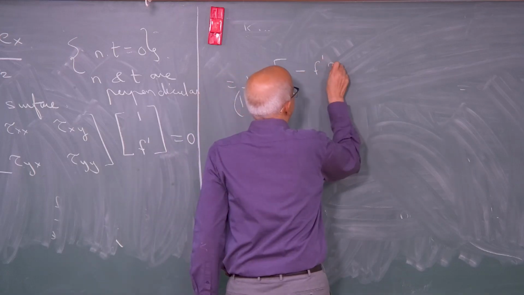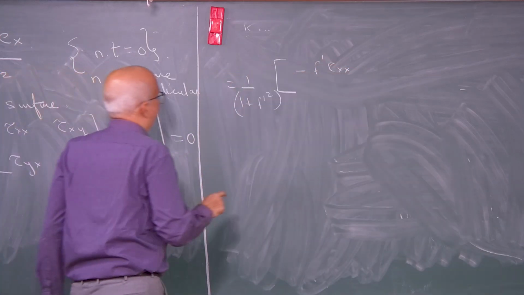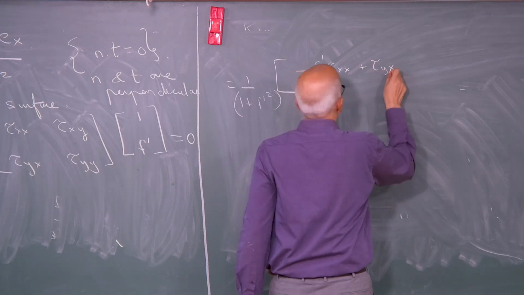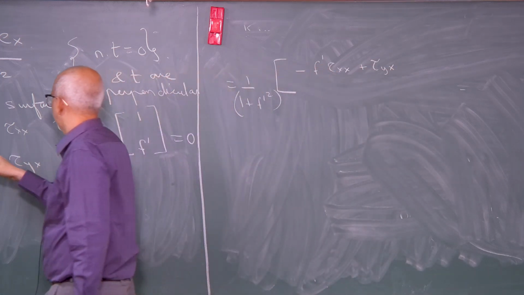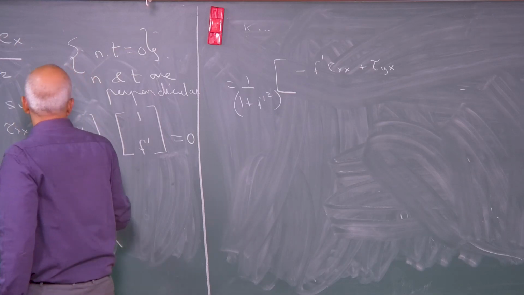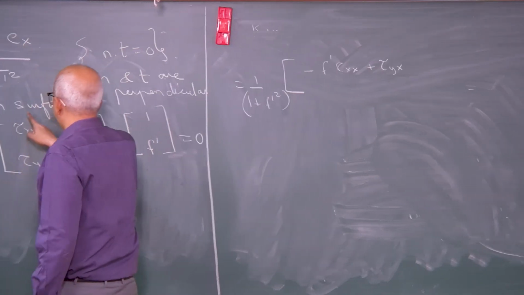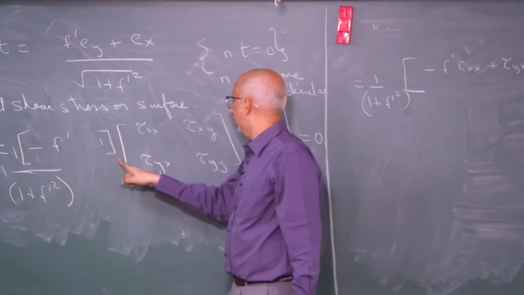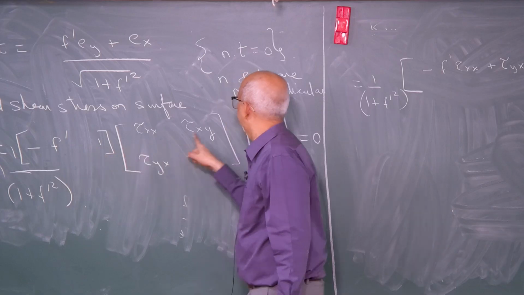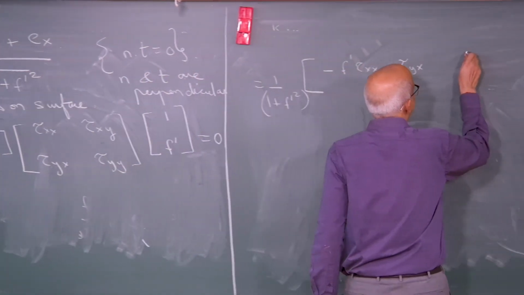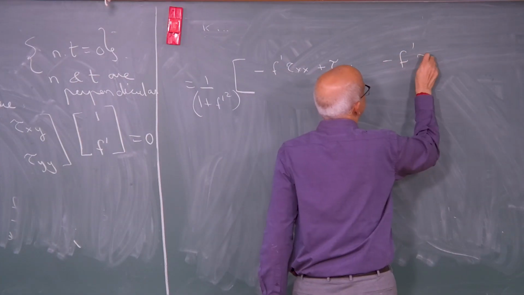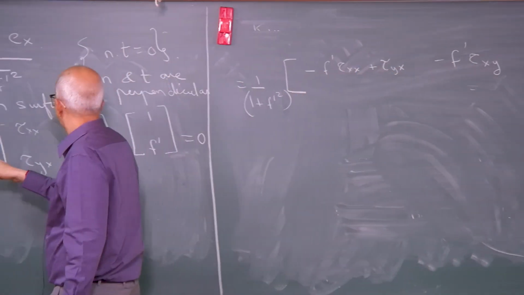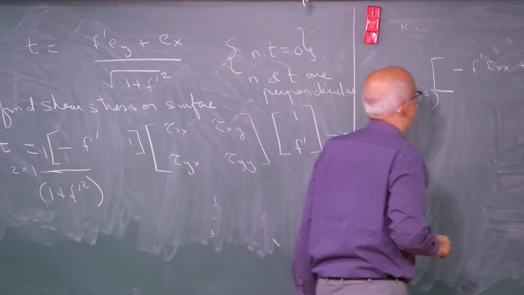Minus f dash tau xx plus tau yx, and that is my first term. When I do this multiplication, this row first, f dash multiplies tau, 1 multiplies this, I get this, f dash multiplies tau xy plus tau yy.